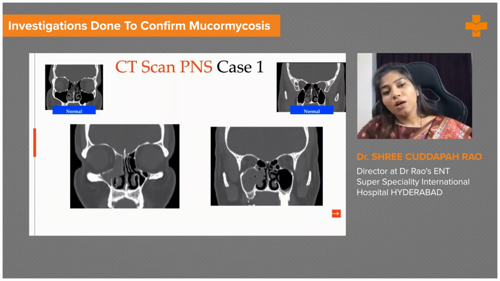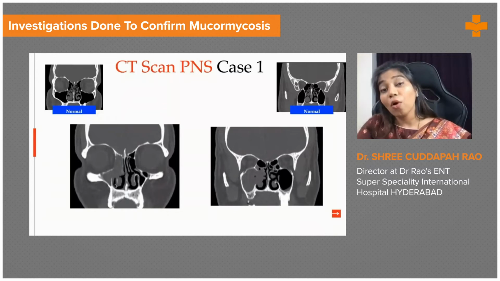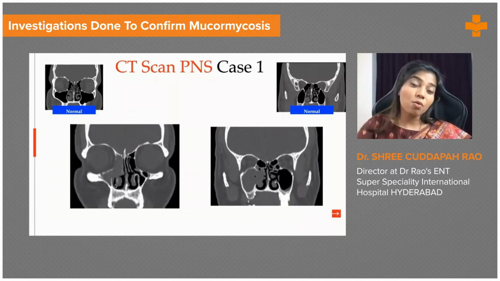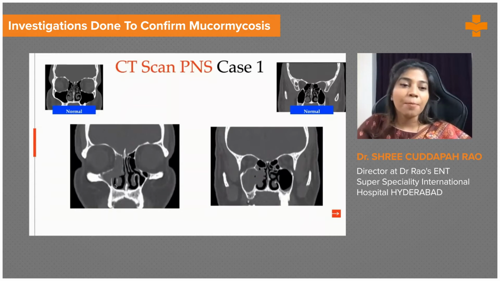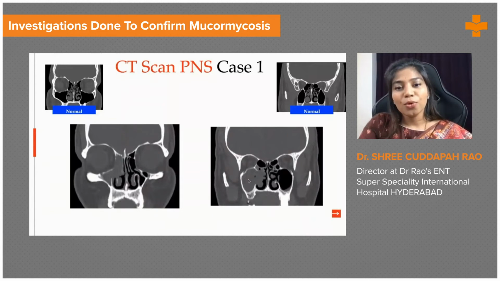But we cannot understand whether this opacification is due to simple bacterial sinusitis or fungal sinusitis. We could just say that there is some kind of opacification going on, and there is something wrong with the right side maxillary and ethmoidal sinuses, and the left side one appears absolutely normal. The same thing holds good on the posterior cuts also.